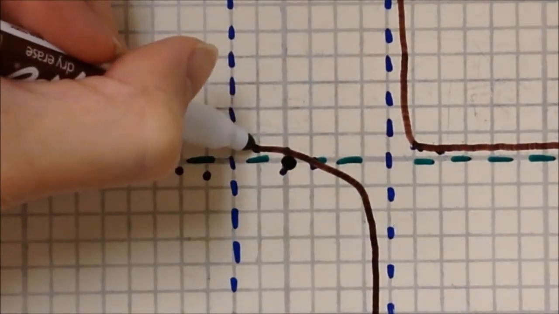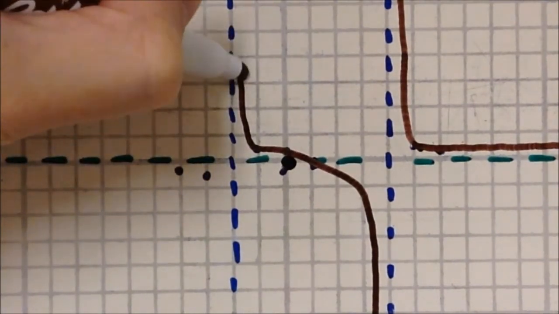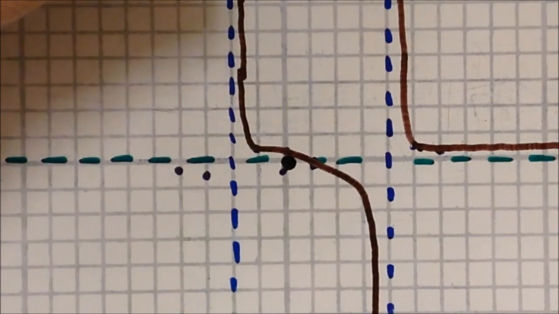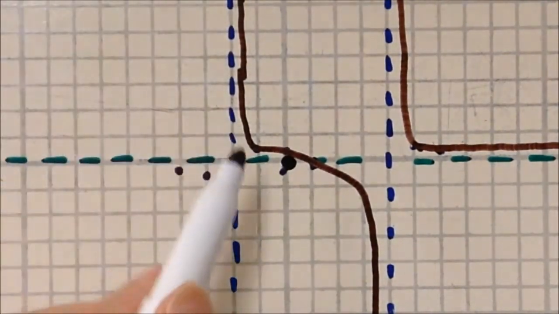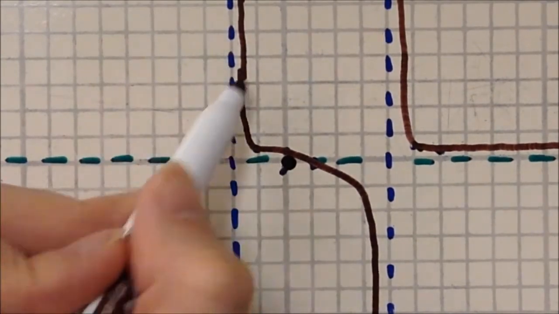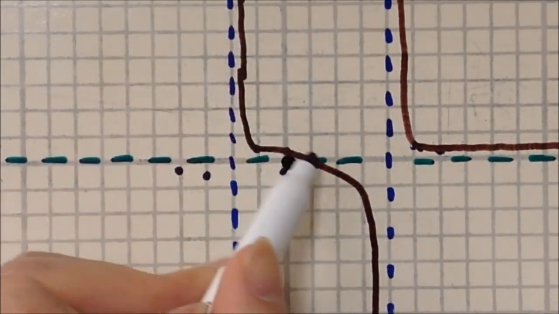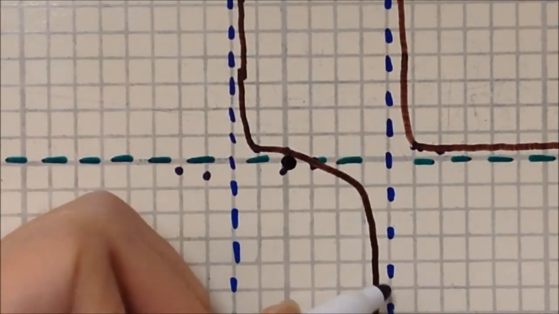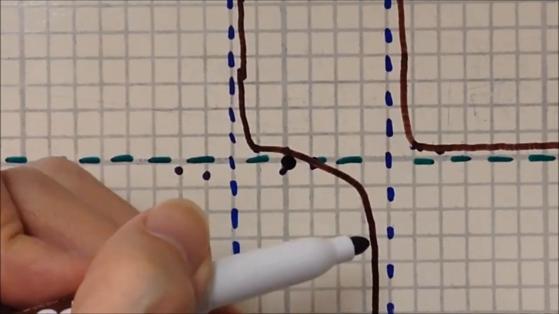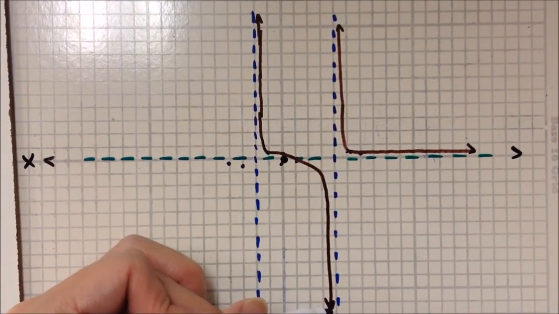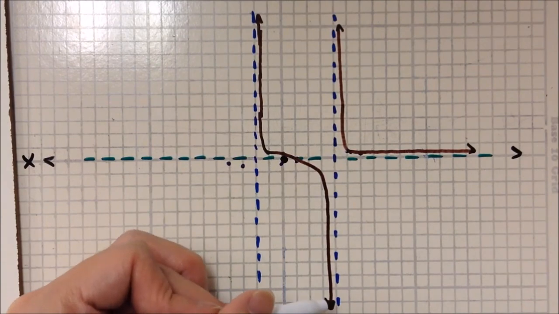And then here, it's going to go upward, closer to the vertical asymptote. Now, even though this is the horizontal asymptote, this is a special case where the graph in the center goes through it. So it can go through the horizontal asymptote, but it won't go through the vertical asymptote. So if I zoom out, you see that it is going towards near the vertical asymptote, but it doesn't cross.